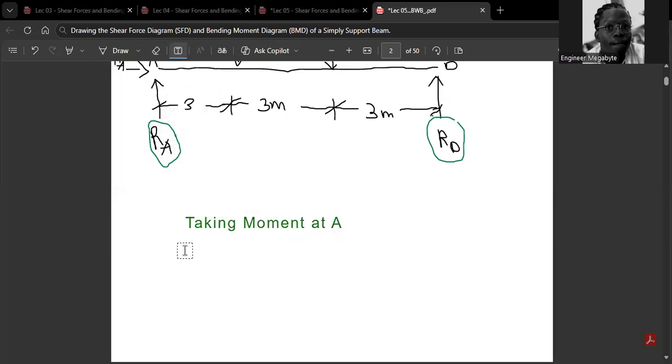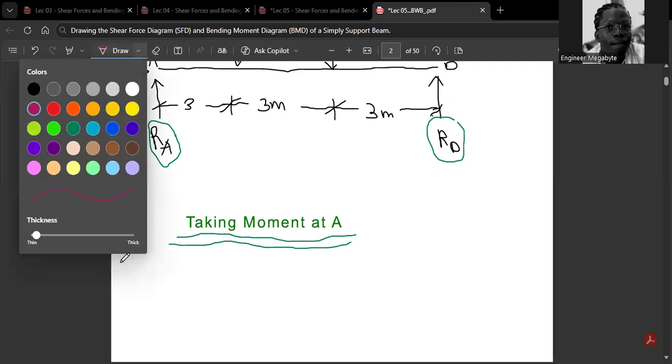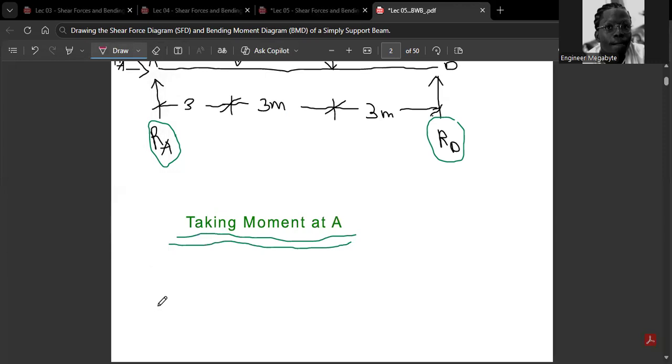We said that we want to take moment at A. After you are done writing this, try to write the symbol down, the rule. The rule is we are using anti-clockwise movement to be positive. All forces that are moving in the anti-clockwise direction are positive.